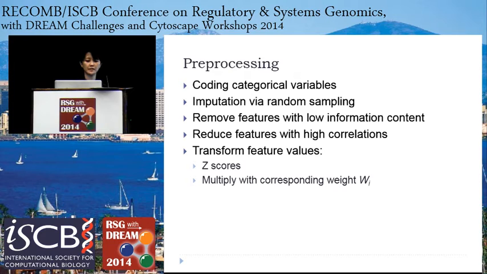I also tried to detect redundant features that share high pairwise correlation, and I couldn't find any. It turned out the organizer has already removed them, so this is not a surprise. Then I took a very simple transformation to normalize the scores, which is the Z transformation, and the Z scores are multiplied by their corresponding weight.